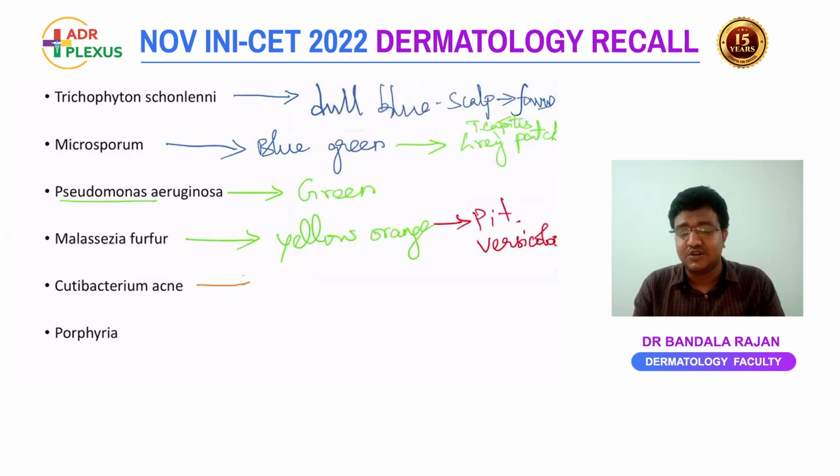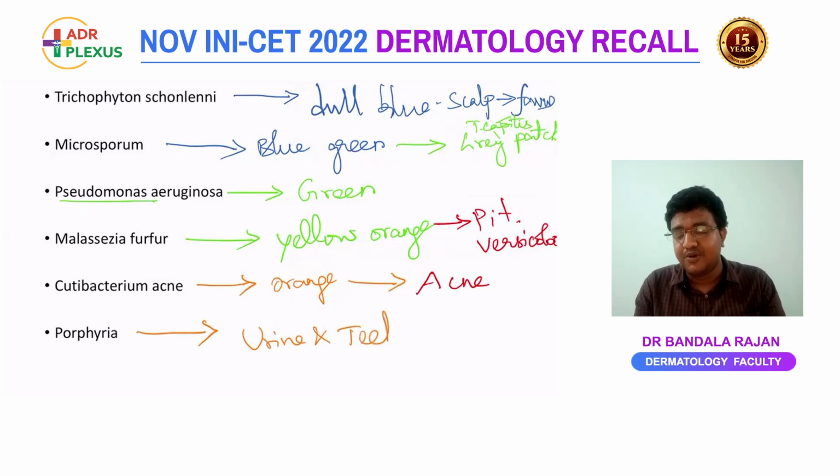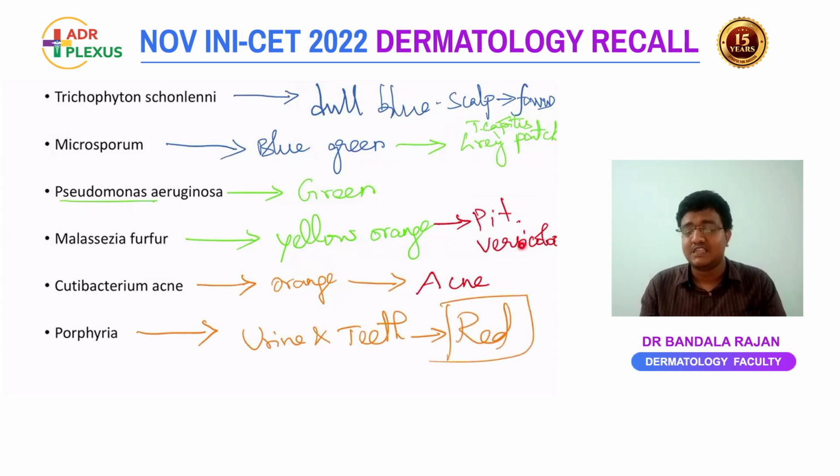Cutibacterium acnes will show orange or red-orange fluorescence, which is mainly implicated in the pathogenesis of acne. Apart from infection, some conditions like porphyria can also show fluorescence, mainly in urine and teeth. Due to porphyrin production, they will show red fluorescence. These are very important.